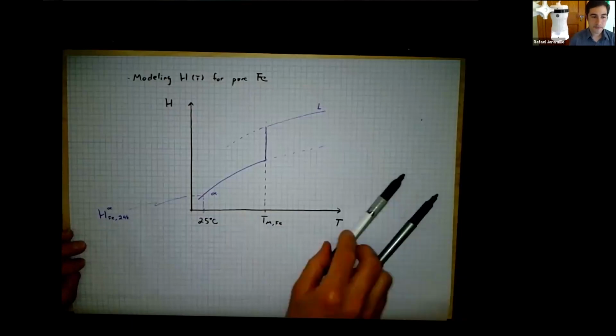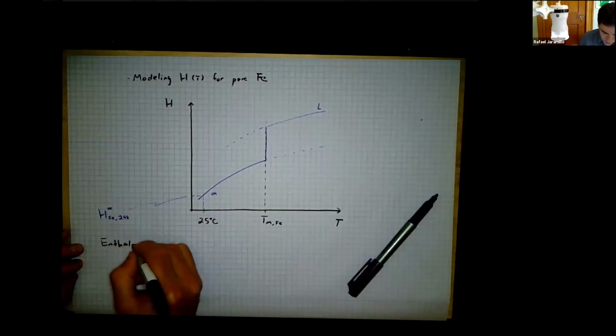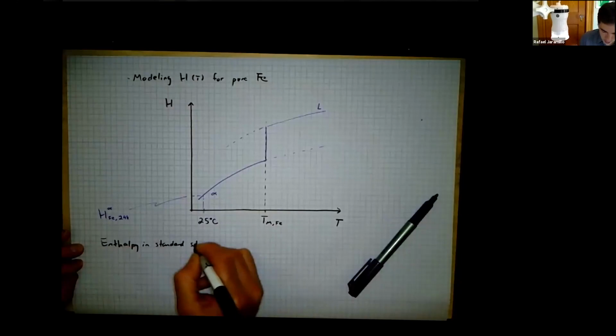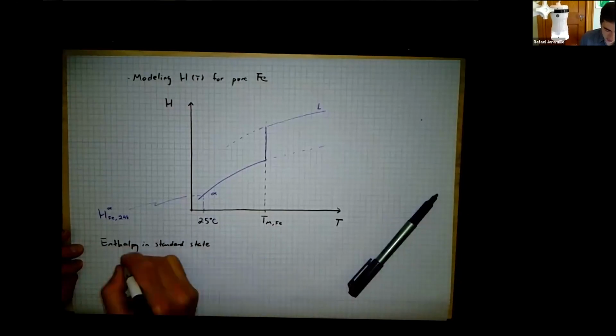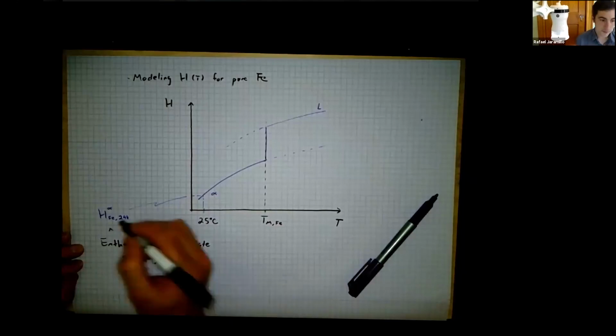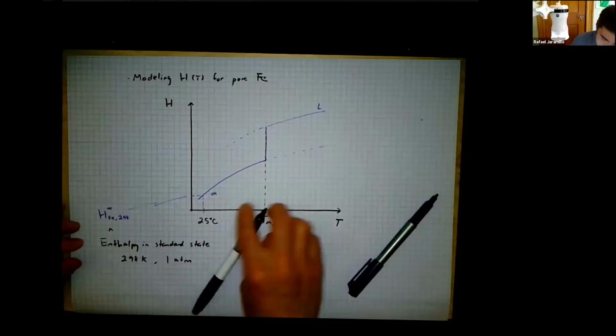That is the enthalpy in the standard state, 298 Kelvin, 1 atmosphere. I'll come back to that in a second. All right, so that's a data point. That's good.